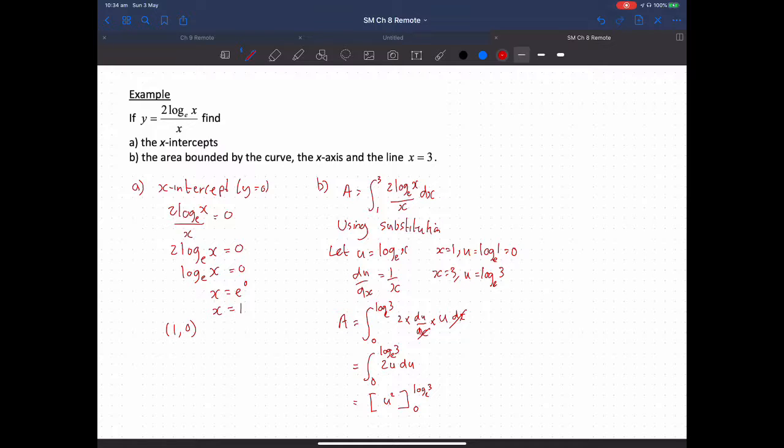We are now going to substitute in our values for the terminals. Area is equal to u squared. u is log e of 3. So we've got log e of 3 squared minus, substituting 0, 0 squared.